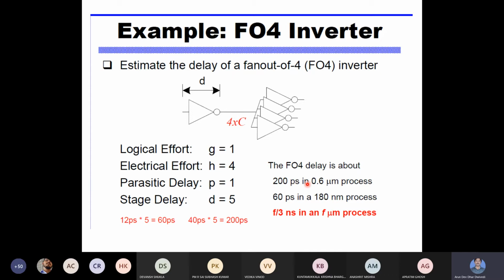It is coming 200 picosecond for the 0.6 micrometer process and 60 picosecond for 180 nanometer. Two processes are already mentioned here. So 200 picosecond is coming for the 0.6 micron process, and 60 picosecond is coming for 180 nanometer technology.